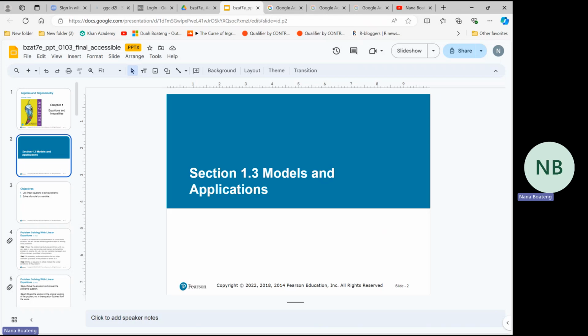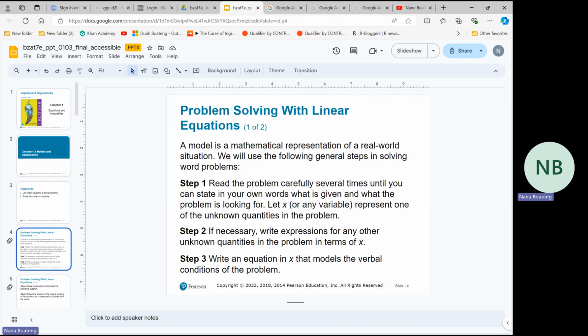Before we move on to the first example, let's review a few things that we have to take note of when we are trying to solve questions that involve models and their applications. The first thing is we have to read the question carefully.